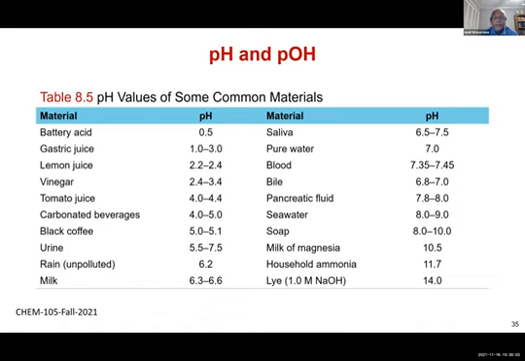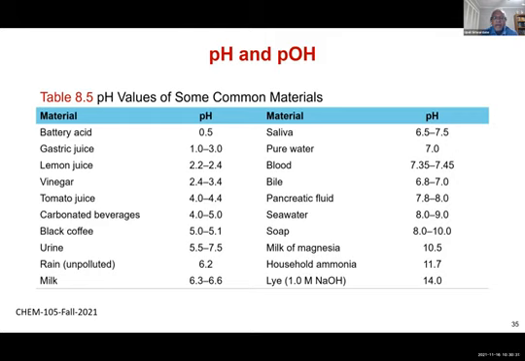Urine is also acidic, and in extreme cases it's slightly basic. Unpolluted rain is 6.2, because the carbon dioxide in air can produce acid.